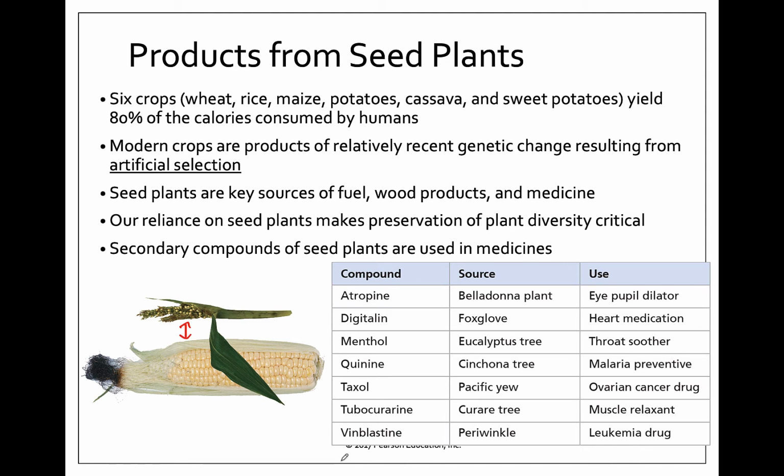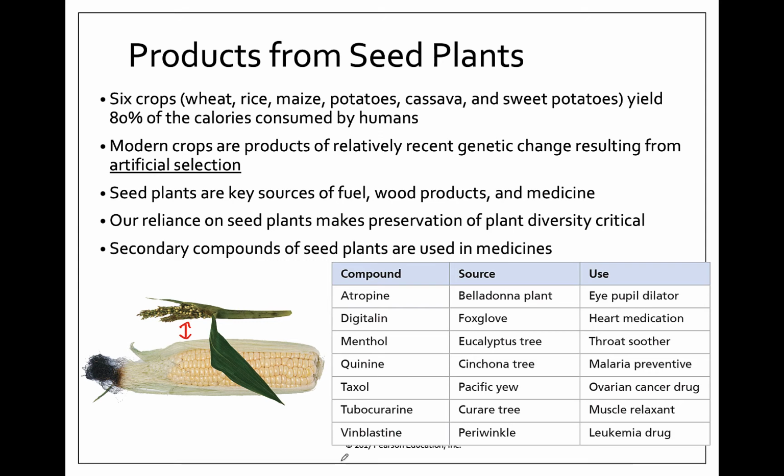About 25% of our prescription drugs come from active ingredients in plants. Sometimes they're secondary compounds, something that the plant secretes, like willow leaves and bark, which can be used for pain relief. And all of this comes from having a wide diversity of plants in the first place.